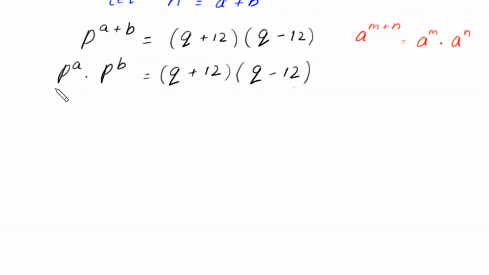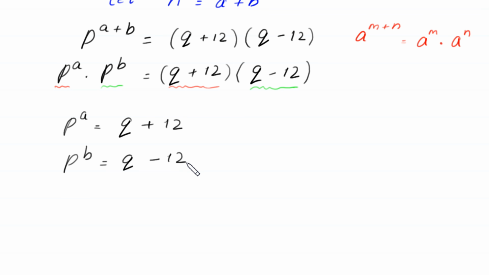Now we write this p to the power a equal to this q plus 12, and we write this p to the power b equal to this q minus 12. Like this, p to the power a is equal to q plus 12 and p to the power b is equal to q minus 12.